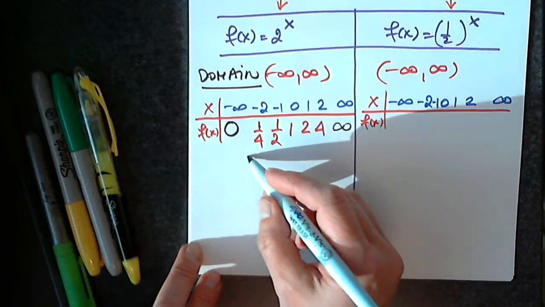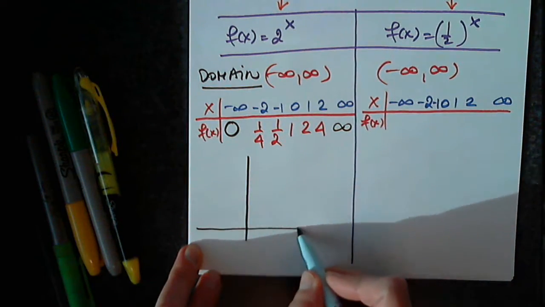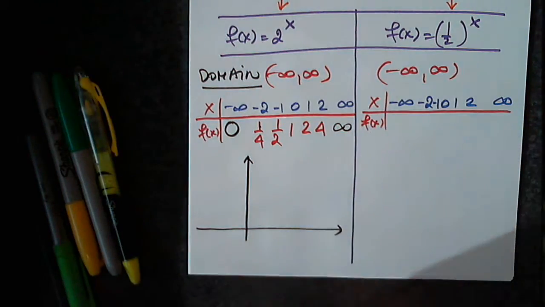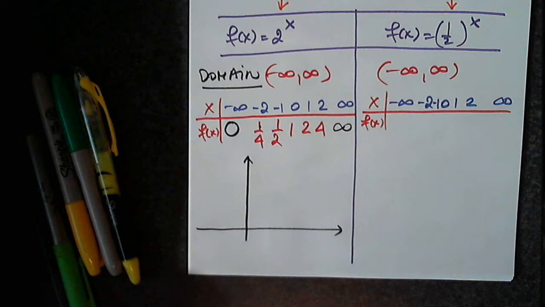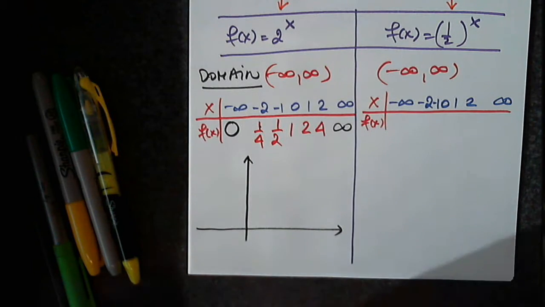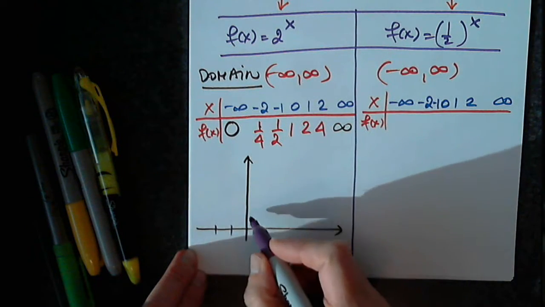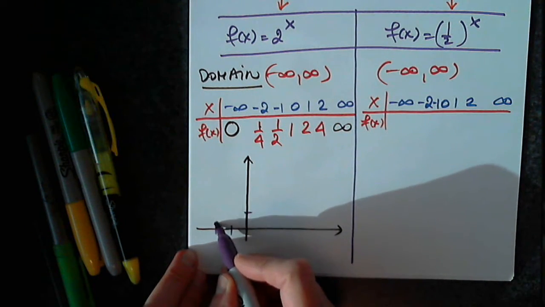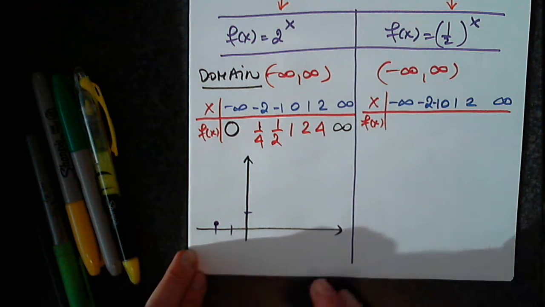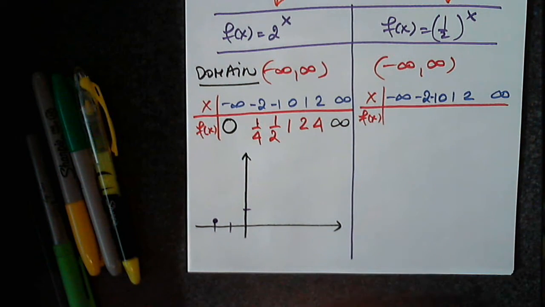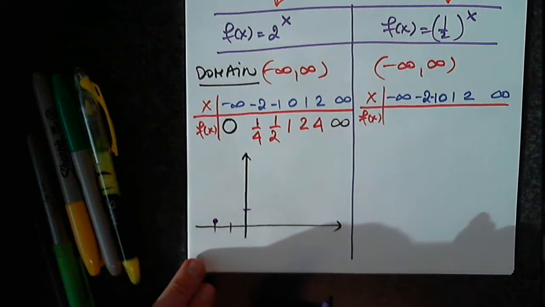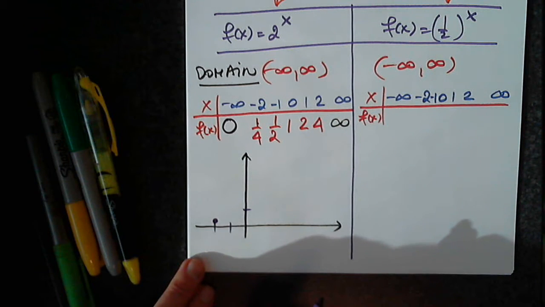Let's graph this function. Please give me the first ordered pair you want me to plot. Excellent. -2, 1/4. Bear with me. I know you're going to say, but that's not 1/4. I will agree, but bear with me that I can plot 1/4. Okay, next ordered pair. 0.